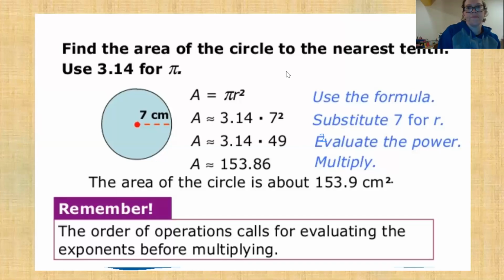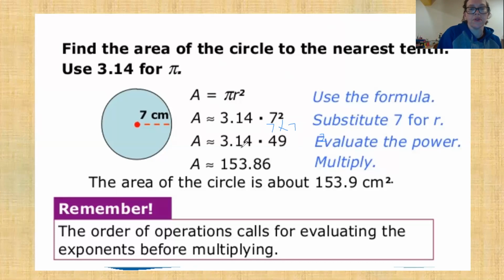So as you can see, we substituted pi 3.14 times 7 squared, and it reminds you that you're evaluating the power. So 7 squared, as we talked about, is the same thing as saying 7 times 7. So 7 times 7 gives you 49, which is what we got.